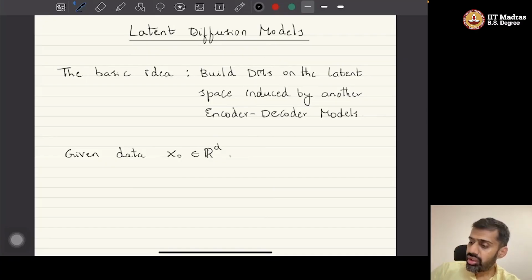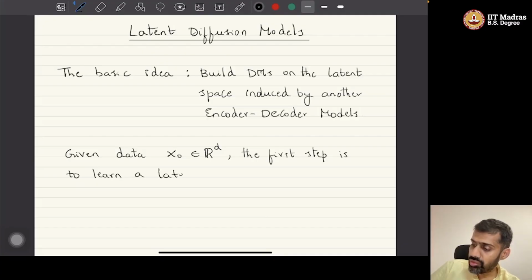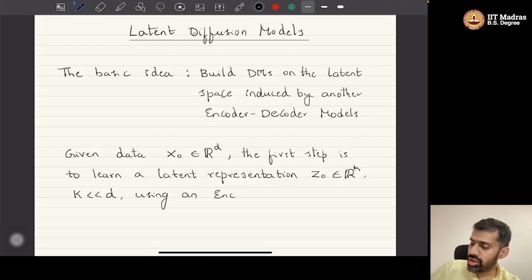The first step is to learn a latent representation, let's call it some z0, in some R^K, where K is much less than D, using an encoder-decoder model.